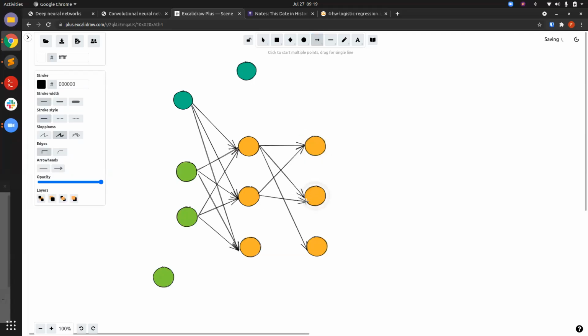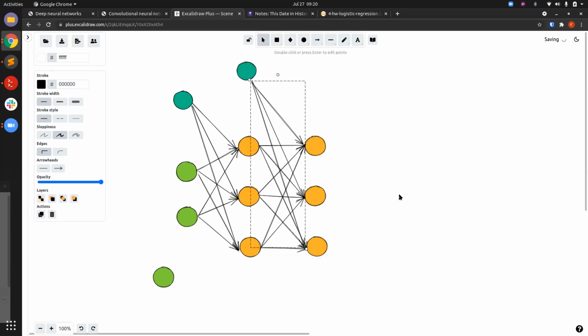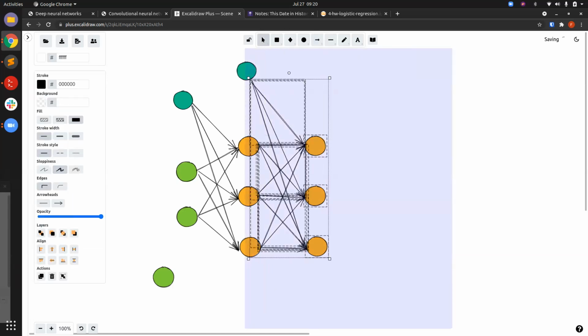Then I'll apply an activation function, and that activation function will then be the input to the next layer. And I can repeat this as many times as I want.